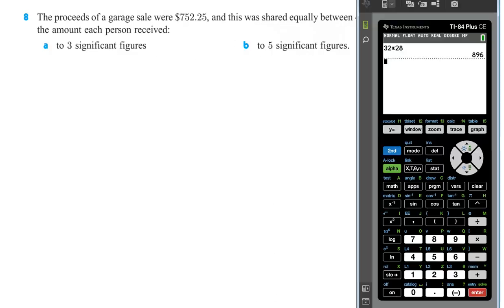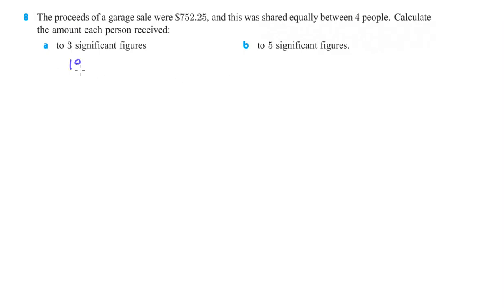So we are simply going to want to take 752.25, divide by 4 and push enter. And that's 188.0625. So 3 significant figures, there's the first, second, third. So it's 188. Okay. So they each get $188.